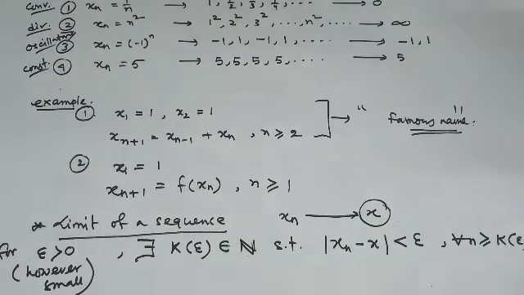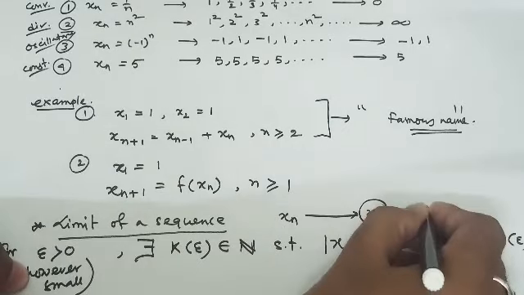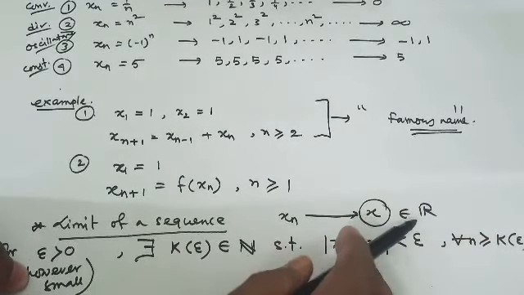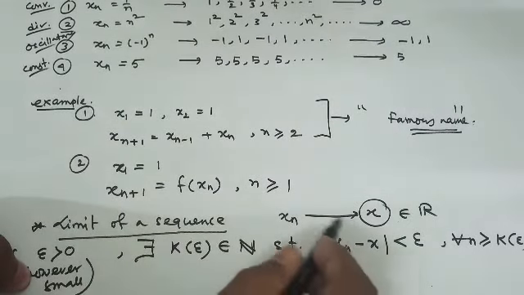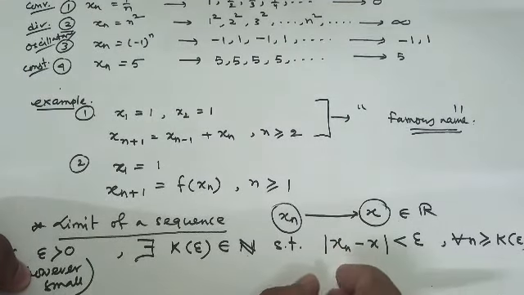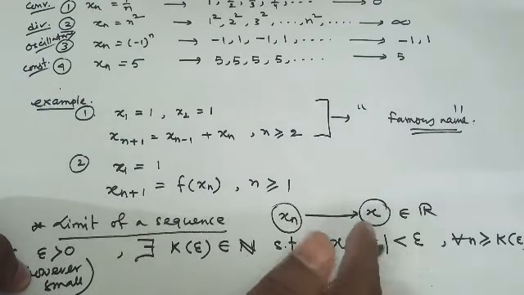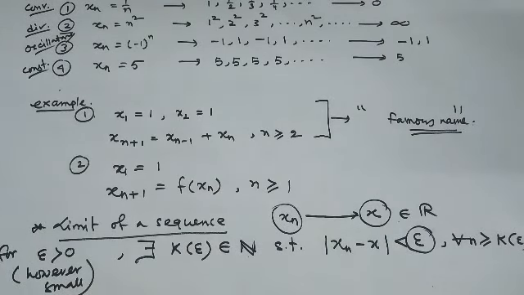What does it mean? It means that the difference between the nth term of the sequence and that particular number x, which belongs to R since we are considering a sequence of real numbers, can be made less than epsilon, however small a quantity we want.